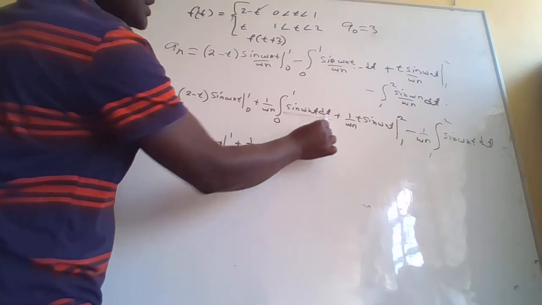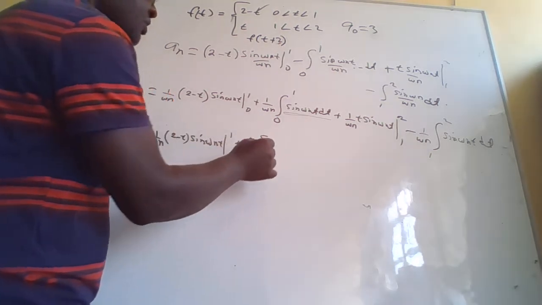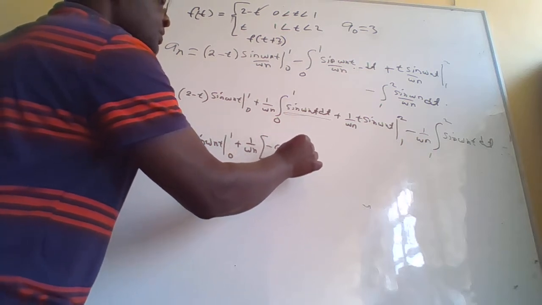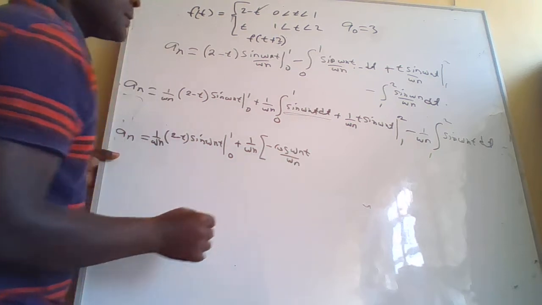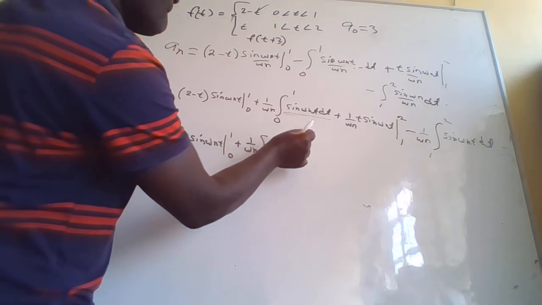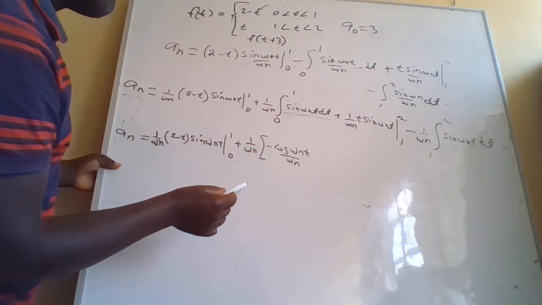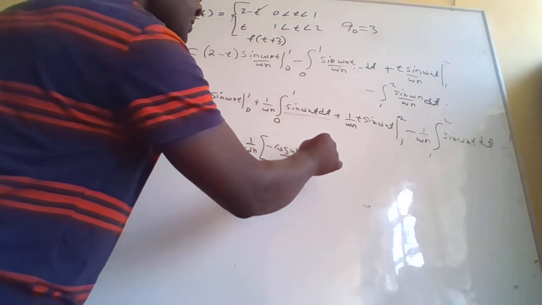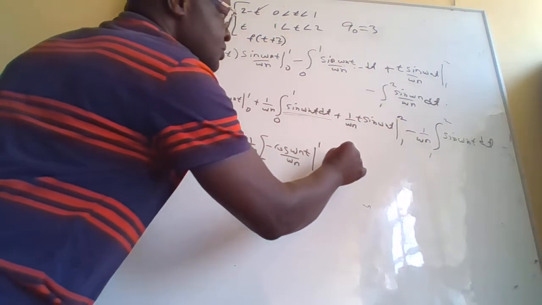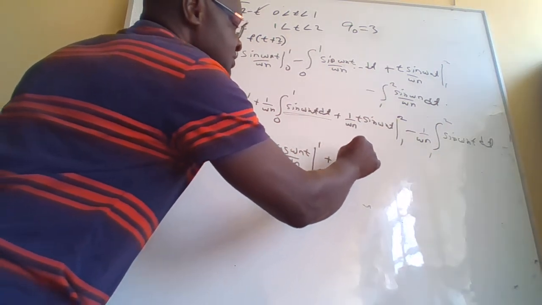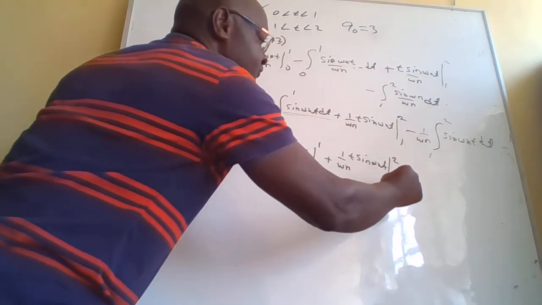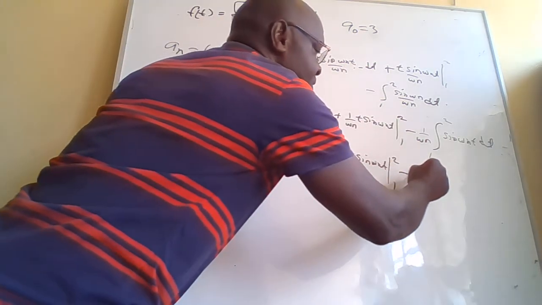Now, when you integrate this, we shall be able to get minus cos(ω_n t) over ω_n, those are the limits, then plus 1 over ω_n t sin(ω_n t) from 1 to 2, minus 1 over ω_n.